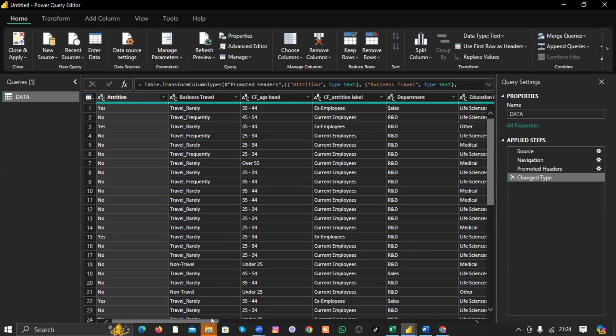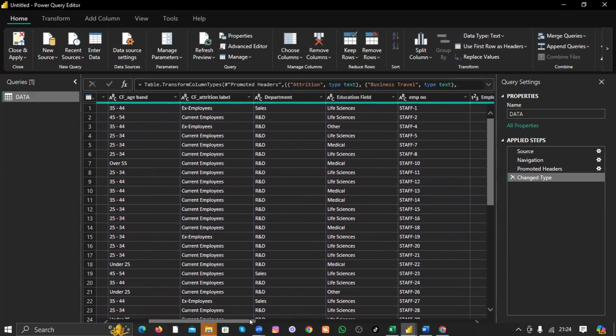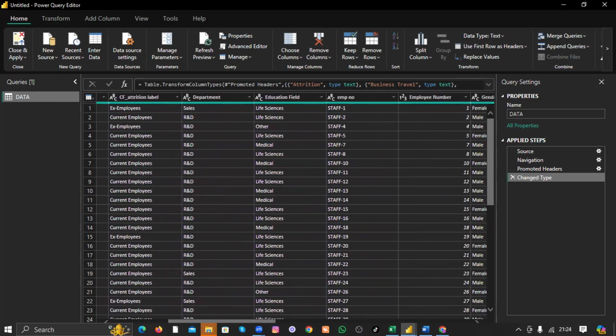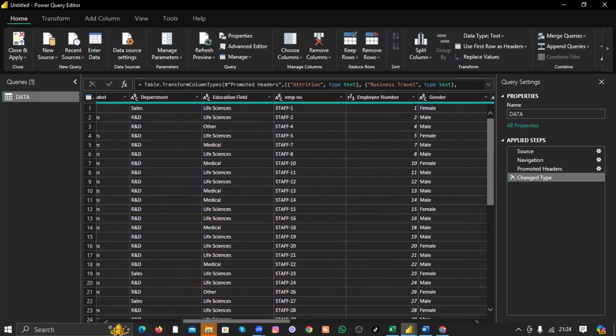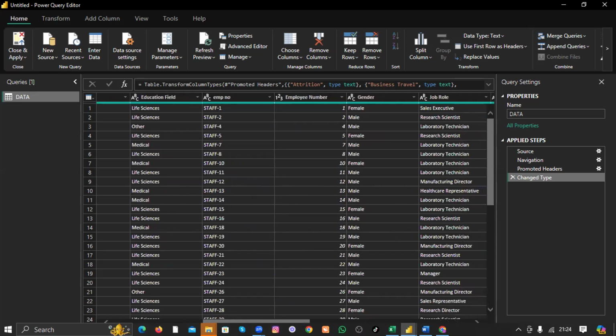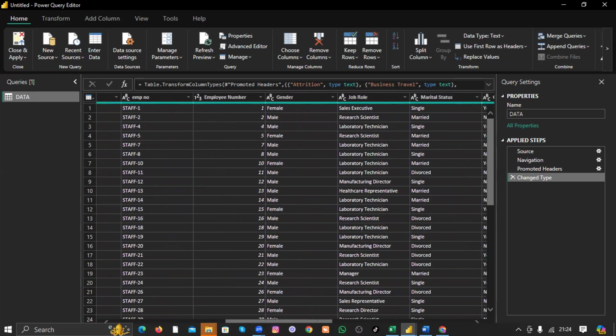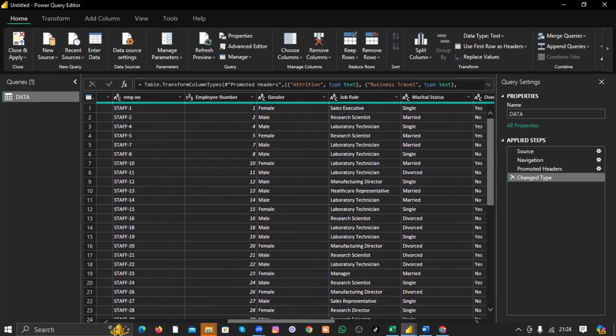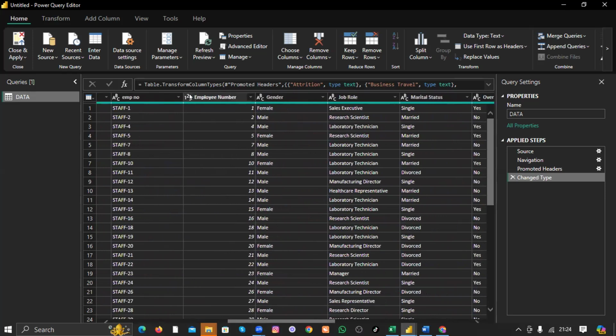So let me move it further. Department is text, correct. Education field text, correct. ABC staff number is text. Employee number is numbers. Yeah, it recognizes that number, it is correct. Gender is text, correct. Job role text, correct.